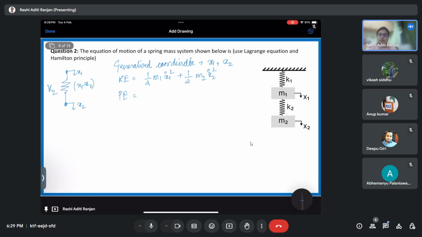So my potential energy is essentially stored inside the spring. For the first spring, it will be half into k1 x1 square. Okay, and for the second spring it will be half into k2 (x1 minus x2) square. Okay, now by this I can evaluate the Lagrange. L is equal to kinetic energy minus potential energy. Right? What will it be?